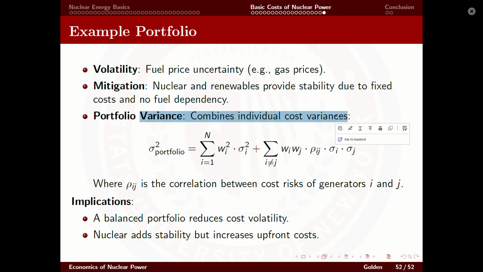So portfolio variance combines individual cost variances. So the variance of the portfolio is the weight of each of the objects in the portfolio squared times the variance. This is just a traditional variance formula.